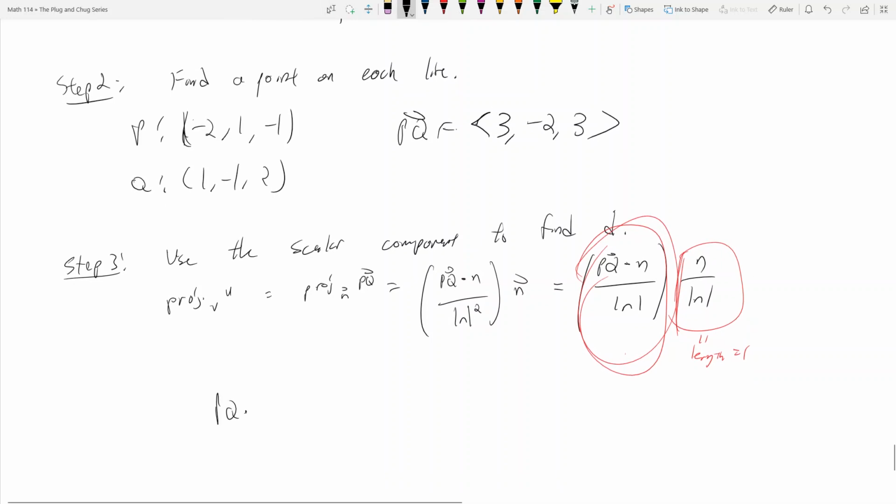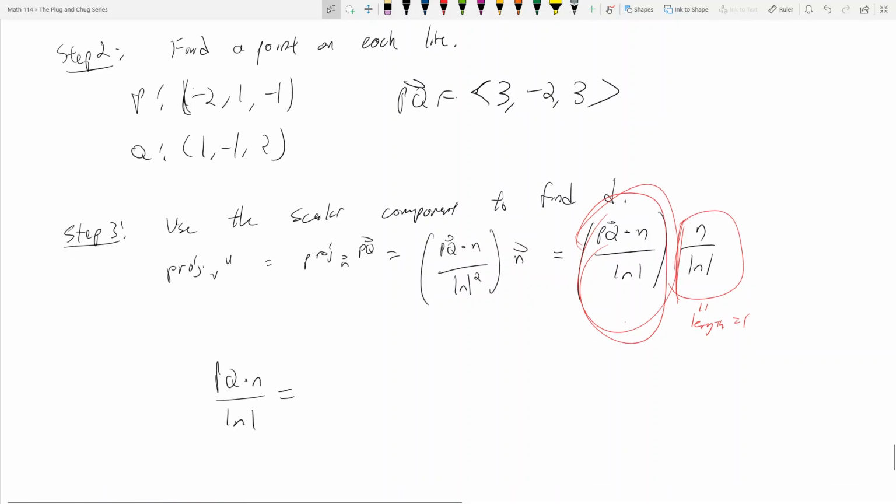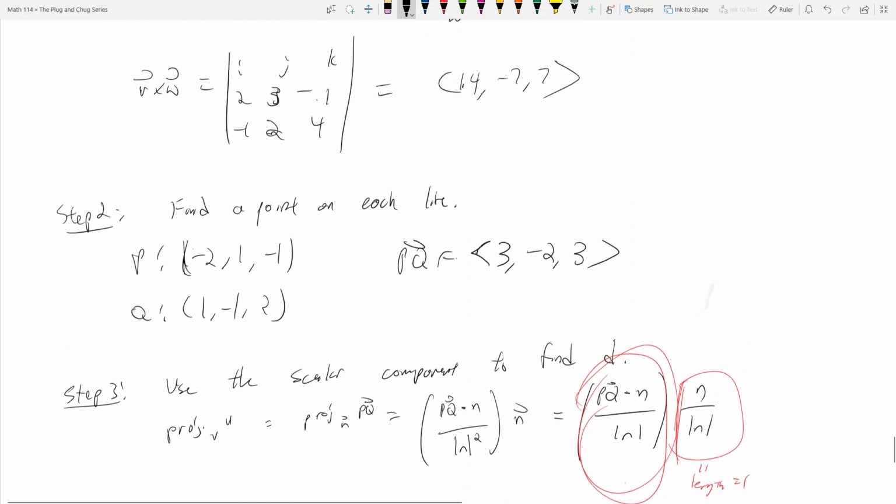We only want PQ dot n over the magnitude of n, which is equal to PQ, so it's 3, -2, 3, dotted with n, which is 14, -7, 7, right, from above. Okay, right here.